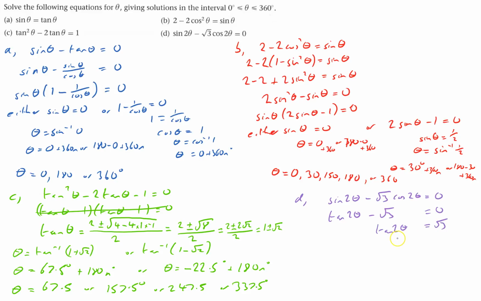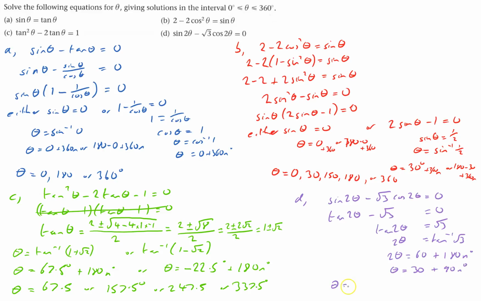So 2 theta equals tan to the minus 1 of root 3. So 2 theta equals 60 degrees, and that repeats every 180n degrees because it's tan, and so theta equals 30 plus 90n degrees.